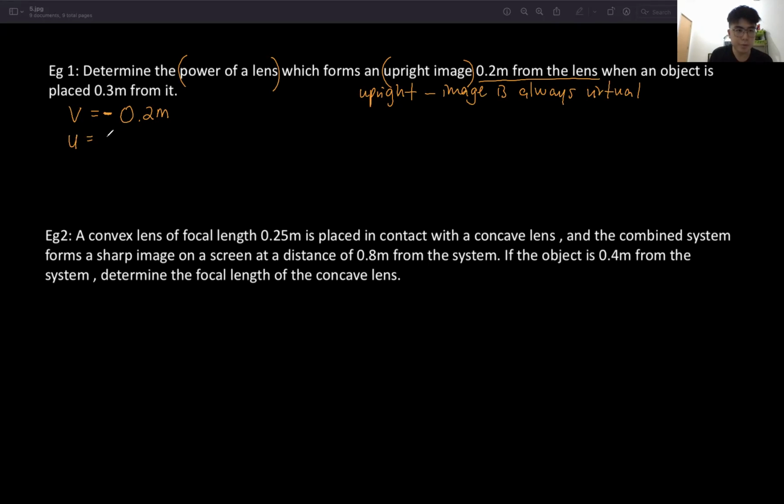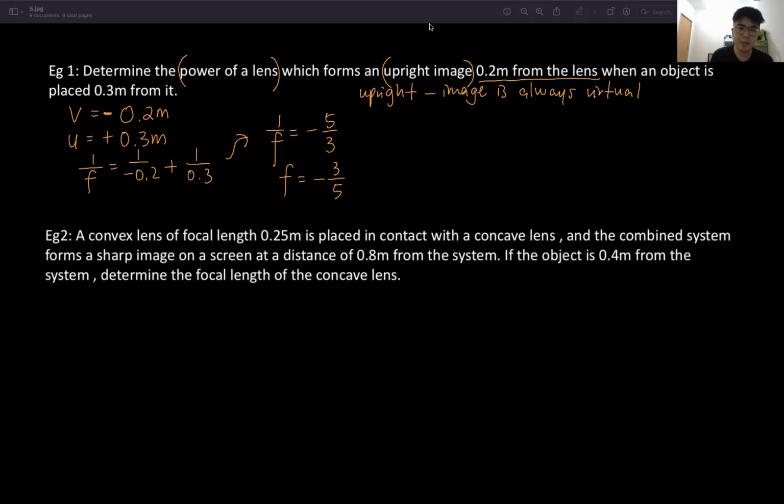Okay, U equals positive 0.3 meter. And we find the F. 1 over F equals 1 over negative 0.2 plus 1 over 0.3. Okay, I'll continue here. 1 over F equals negative 5 plus 10 over 3, which is 5 over 3.